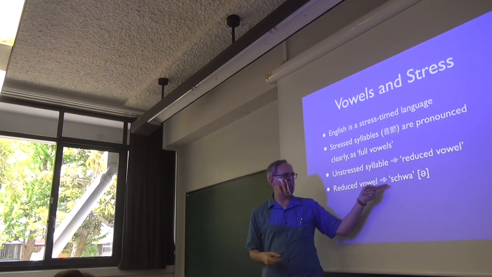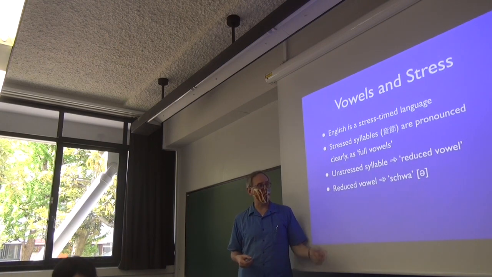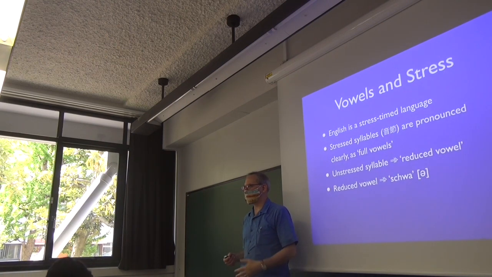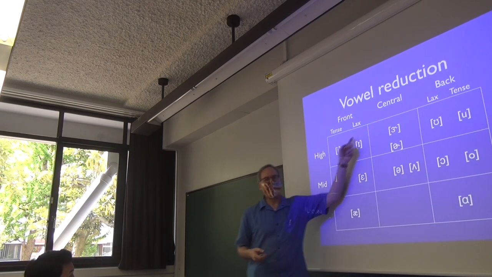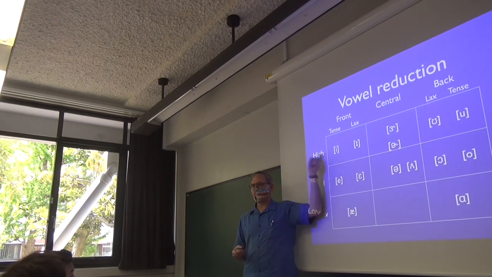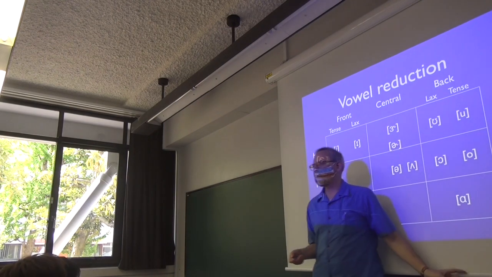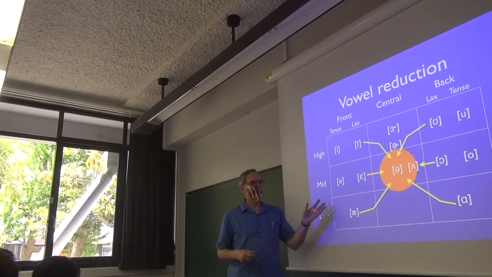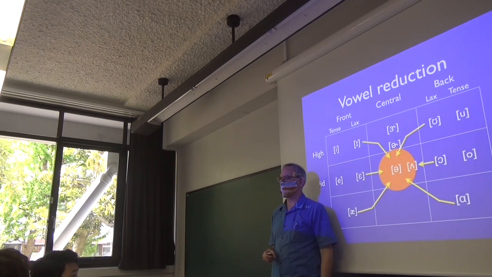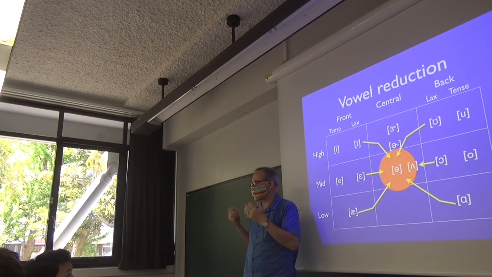So schwa is sometimes called the reduced vowel. It's the vowel that is pronounced when a syllable is unstressed, and therefore reduced to schwa. Any vowel, whether it's high front, low front, high back, low back, any vowel can be reduced to schwa when it's in the unstressed position, because the tongue movement, the tongue gesture, is reduced.